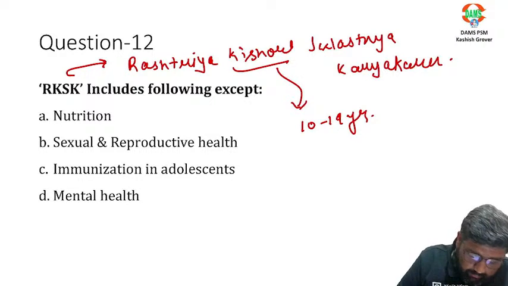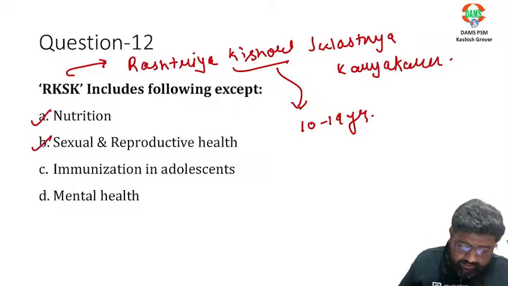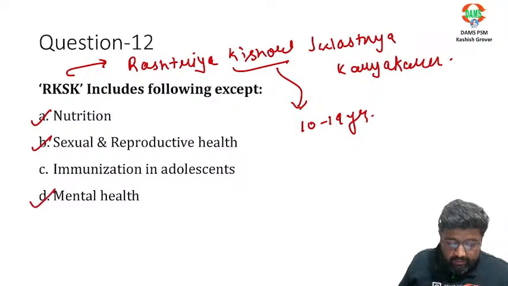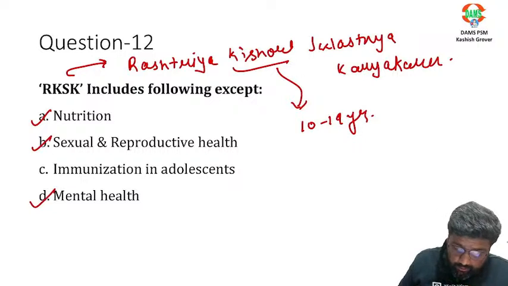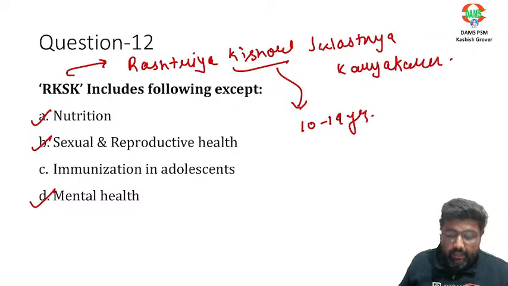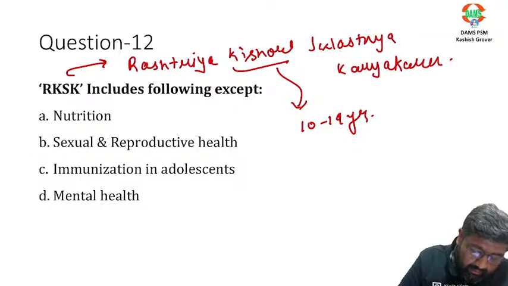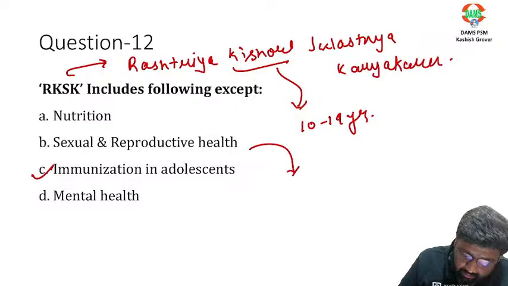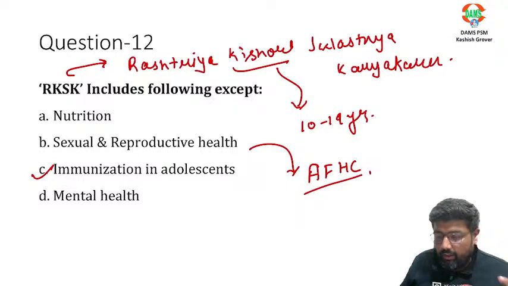In this program, nutrition, sexual and reproductive health, mental health are taken care of, but not immunization in adolescents. So here the correct answer is immunization in adolescents. In sexual and reproductive health, we have adolescent friendly health clinics.